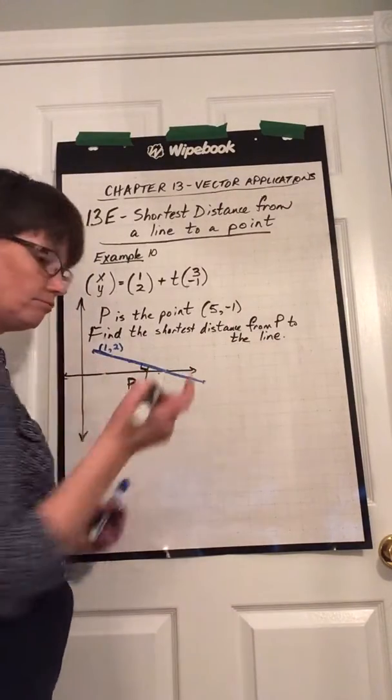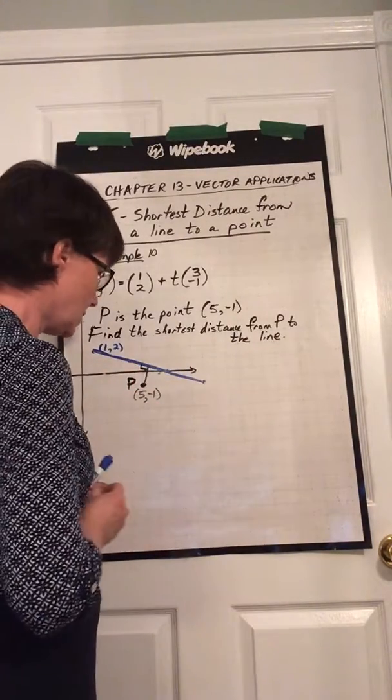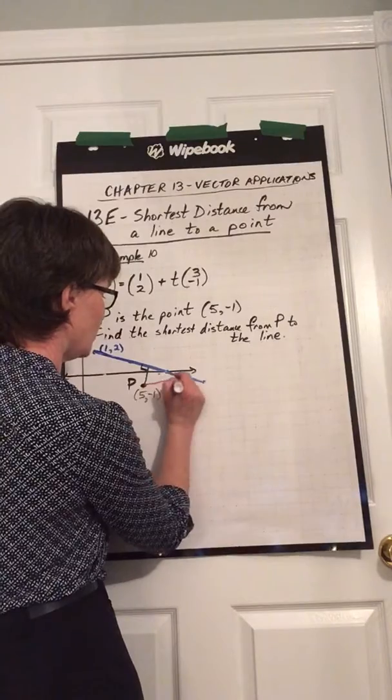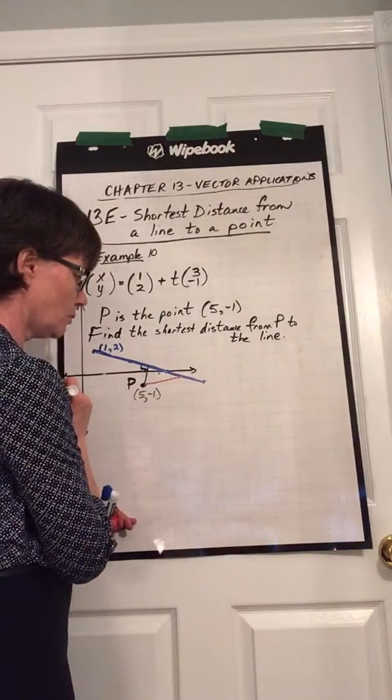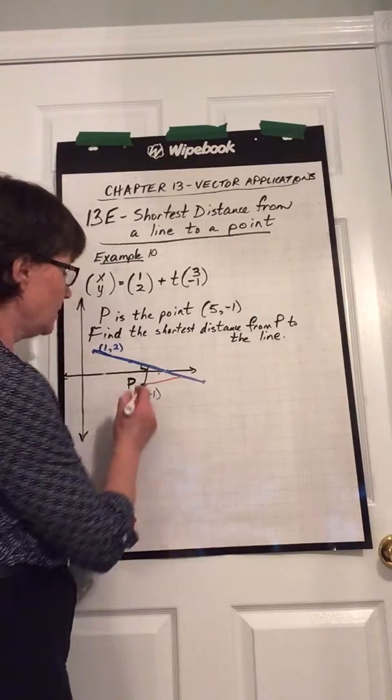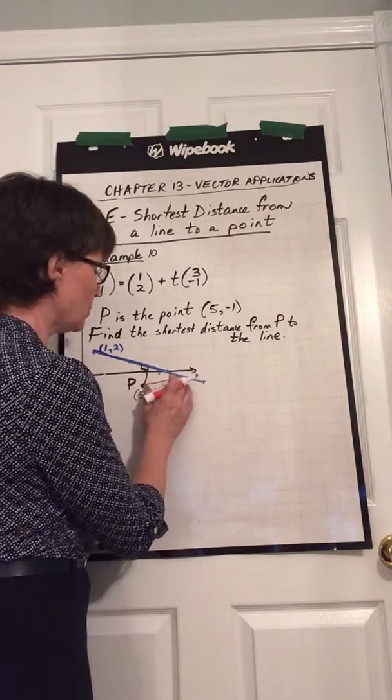If I choose any other angle besides perpendicular, a really wide angle just to demonstrate, this red line is definitely going to be a lot longer than that black line going straight up.